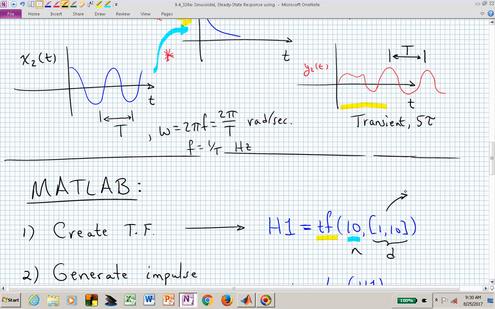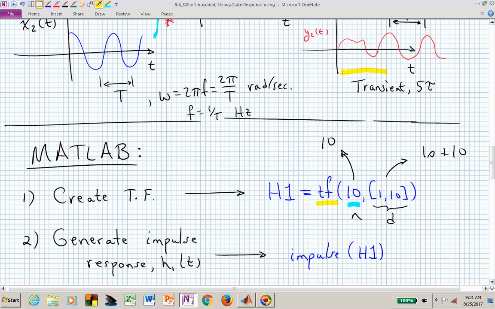So in this case, we start at the rightmost element in that row vector, and we say we have 10 plus, these are all coefficients, then we start going to higher powers of s. Then we have 1 times s, and that's as high as we go. In the numerator, all we have is a constant, which is 10. So that's how we can express a polynomial as a vector in MATLAB. We simply look at the coefficients of the s terms and place those in the appropriate location of this row vector.